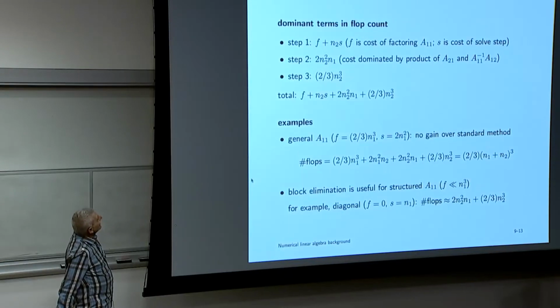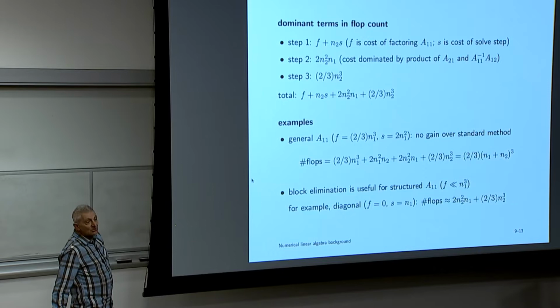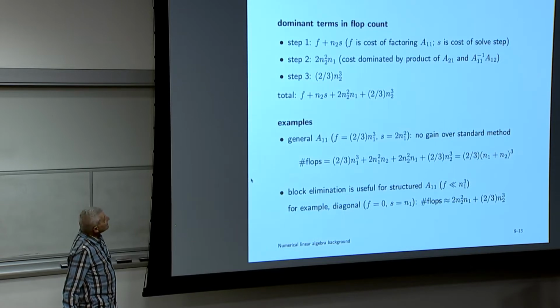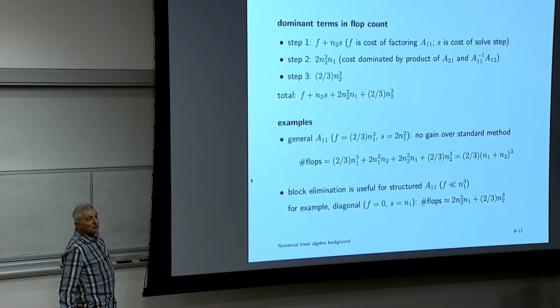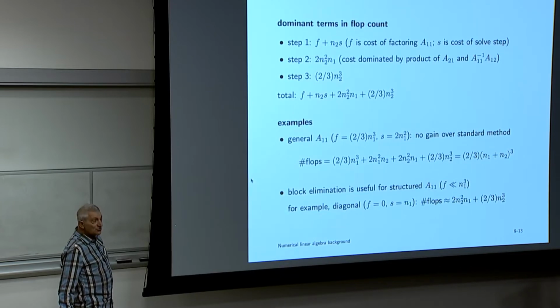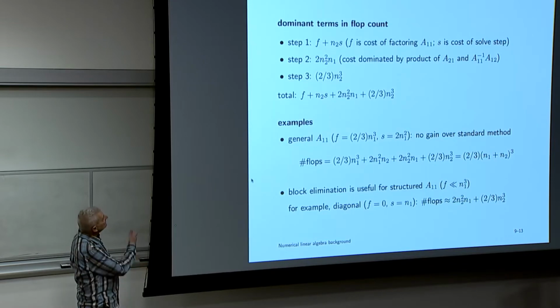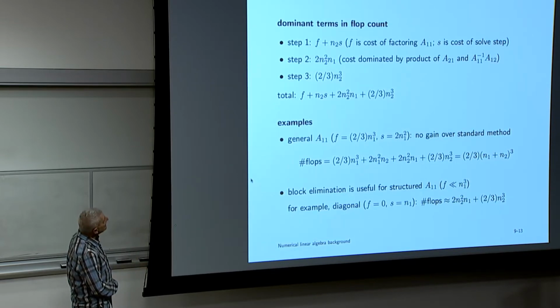In step 1, F is going to be the factor cost for A11, S is the solve cost. So you factor A11 once, and then you solve for all the columns of A12, and so that's N2 S. That's the cost of step 1.